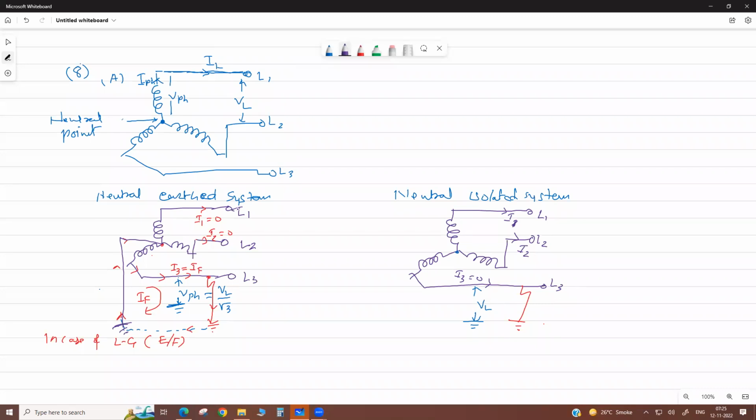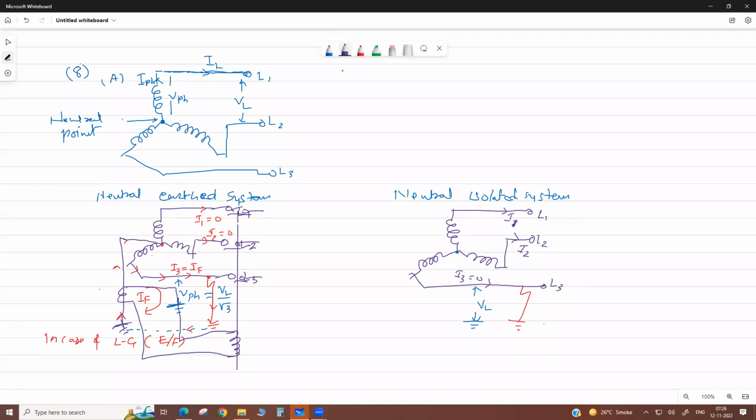Suppose here there is a circuit breaker, a 3-phase ACB, and there is a trip coil of this breaker. Now we provide a neutral CT here, and it is connected to this trip coil.